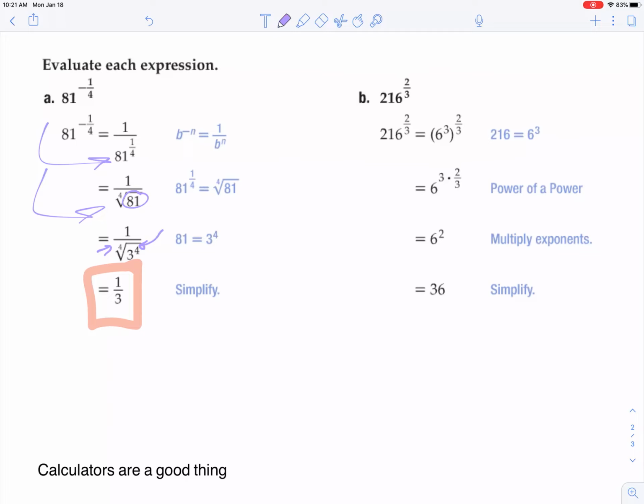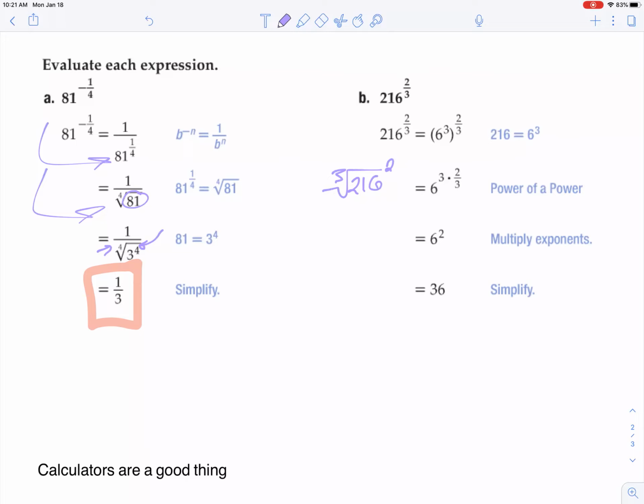So now I'll let you check out B over here, where I have this 2/3. The way they did it was a little different, where they simplified the base. I probably would have gone, here's my cube root of 216, and I'm squaring that.